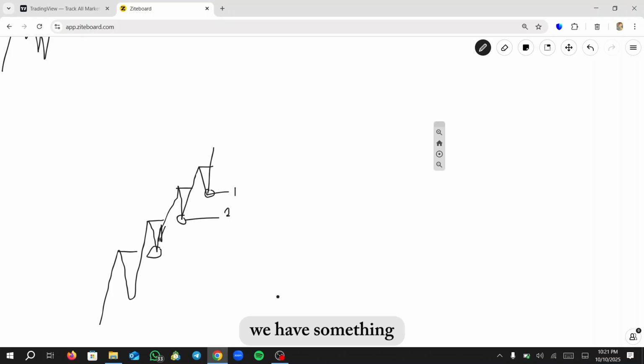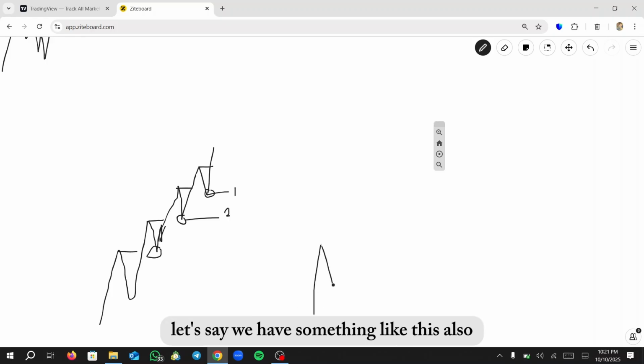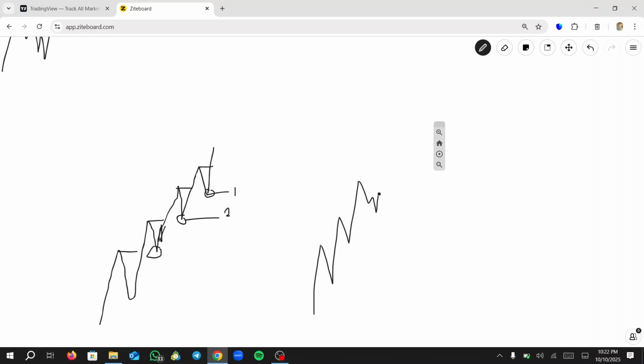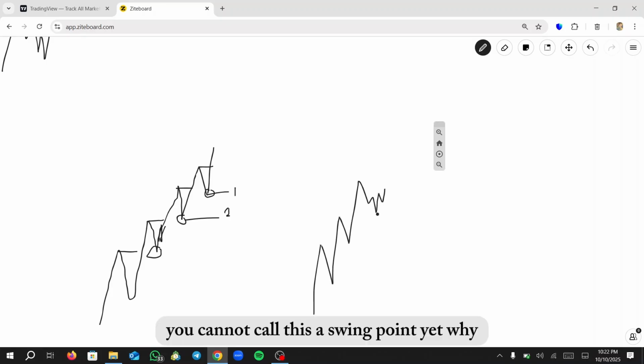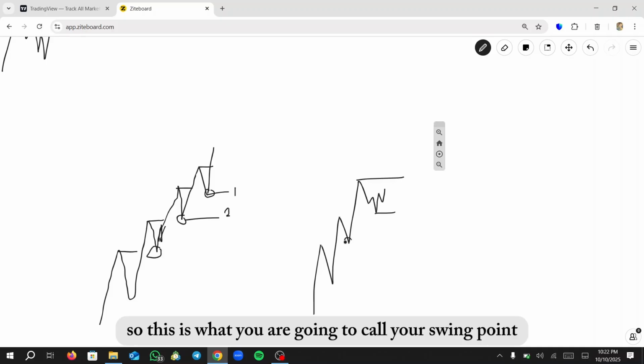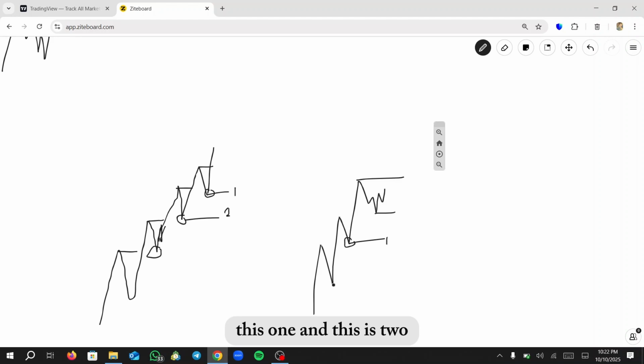Mind you, let's say we have something like this also. You cannot call this a swing point yet, because it has not broken structure. This is what you call your swing point, this is 1 and this is 2.